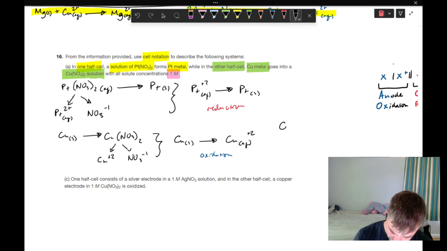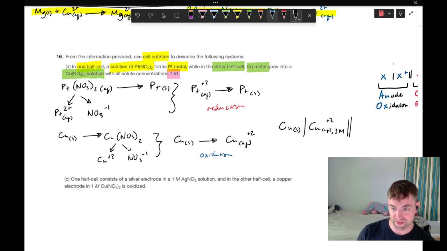So now to write this entire thing in cell notation, we have copper solid, vertical bar, copper aqueous, 2 plus, and 1 molar. 1 molar, double bar.